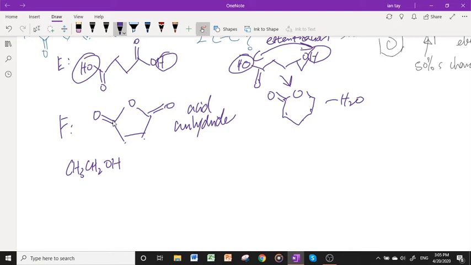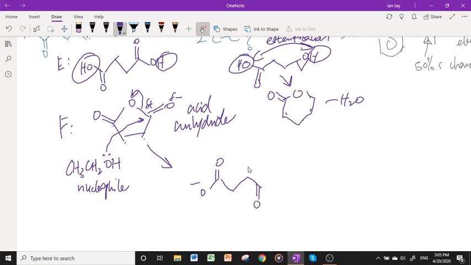So most likely, am I right, that this is going to react in a similar way to acid derivative, right? So I propose now that this is a nucleophile, and it attacks this electron deficient site over here, and this goes, and then we get something like this.